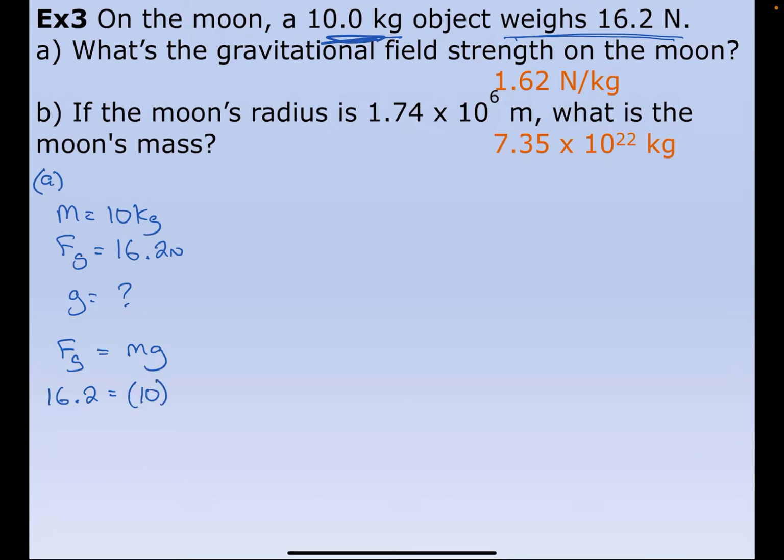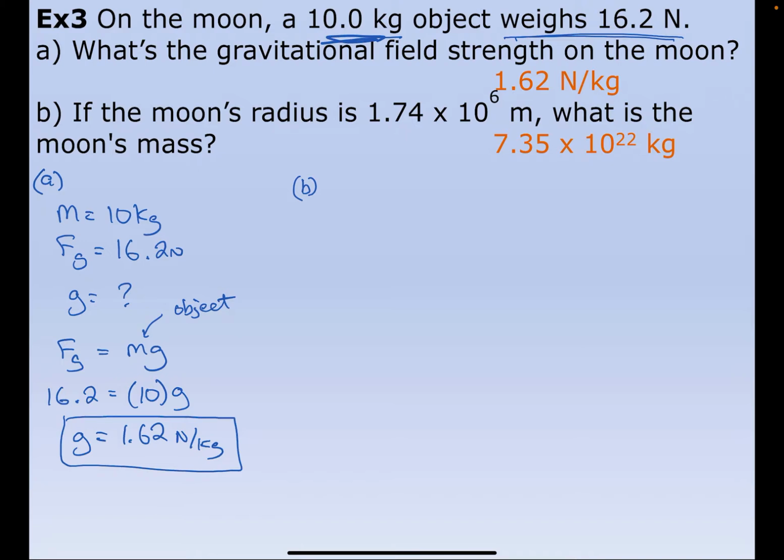The mass, remember, this is the mass of the object, not the planet. So the mass of the object is 10 kilograms. What is little g? We divide both sides by 10, 1.62. Three sig digs, yeah, we'll leave it. This is newtons per kilogram, or again, meters per second squared. Same units.